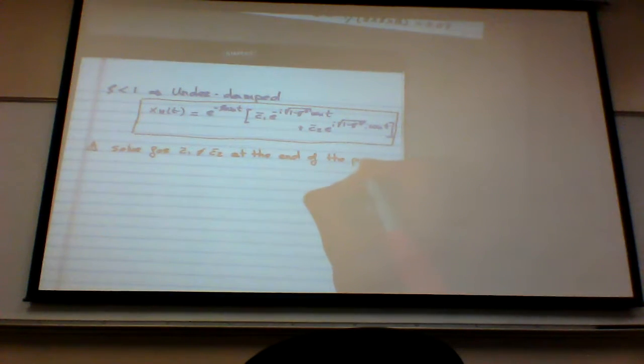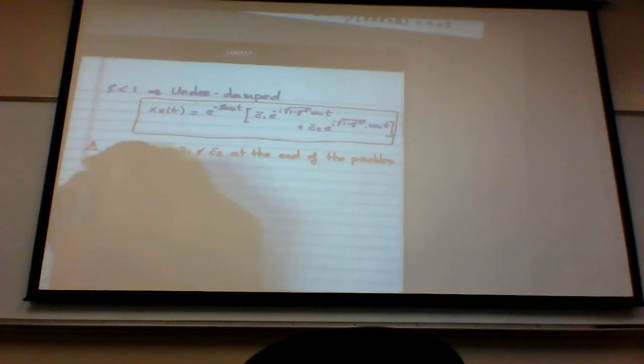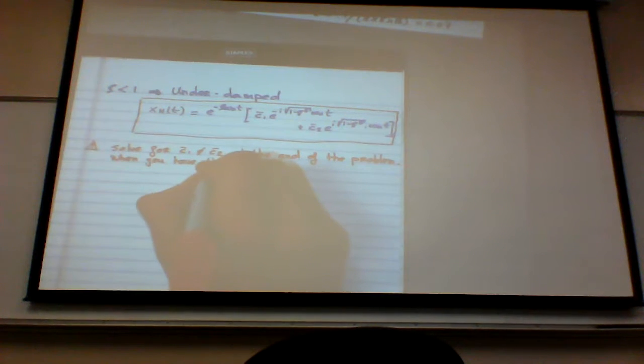I mean, it doesn't make sense in this part of the problem, but what I want to say is that when you have the total solution, x equals x homogeneous plus x of p.